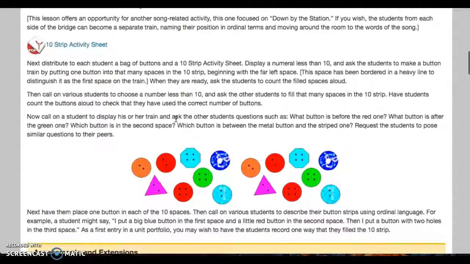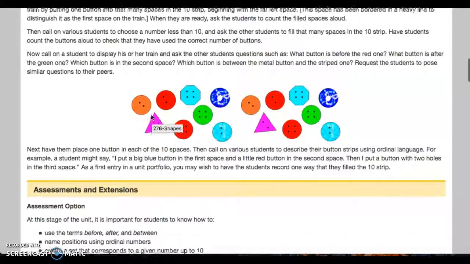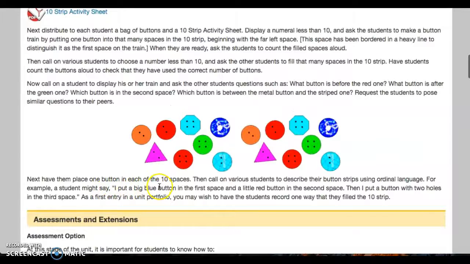The students manipulate those buttons, which I have a numerous quantity of in my classroom that I have collected over the years, and they place a button in each of the 10 spaces as the number is called out. So the students are representing the quantity, and then they check and they play with or request their partners to use similar questions to their peers.